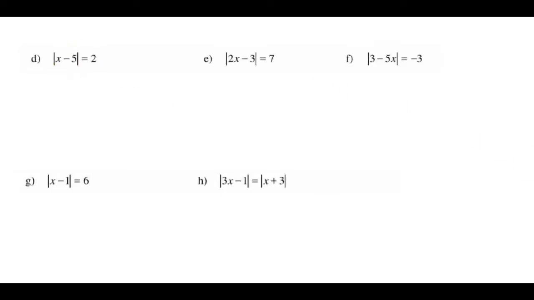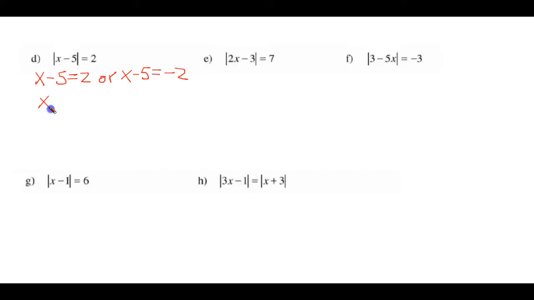Again, the protocol for this is you take away the absolute signs. x minus 5 equals 2, or x minus 5 equals a negative 2, opposite sign. And you just solve this.